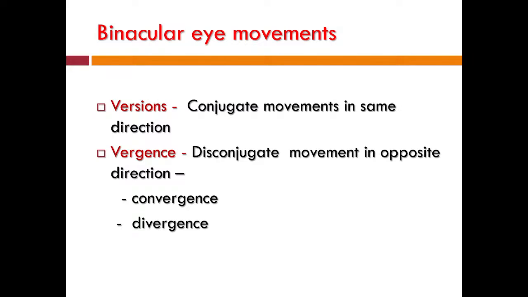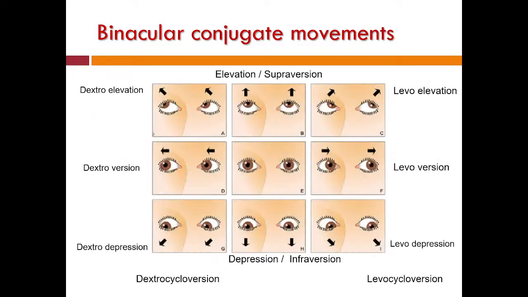Now, how do we test versions, or binocular conjugate movements, and in how many directions? We test in 9 directions. Remember this chart. The center is the primary position, looking straight ahead.